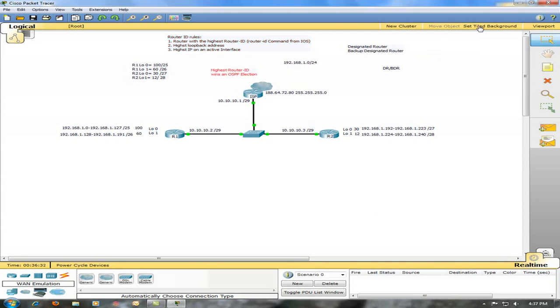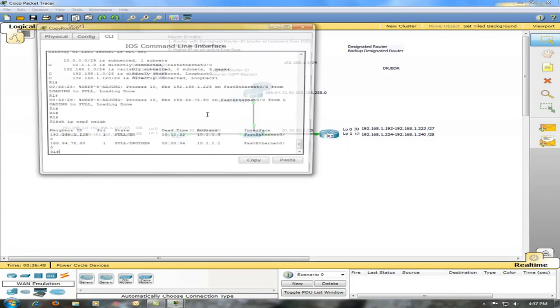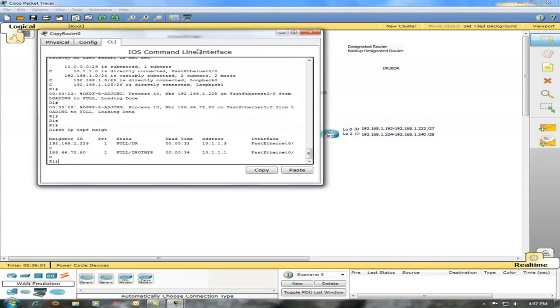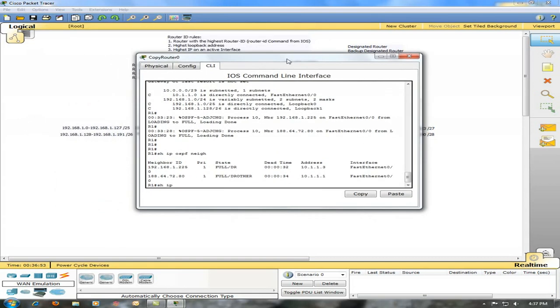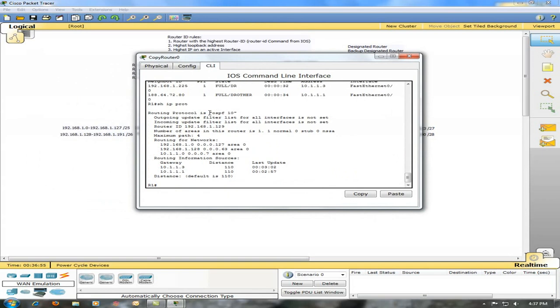So in this scenario, who had the highest router ID? It would have been router 2. It had the highest router ID. It should have been 192.168.1.225. The second highest router ID would have been 192.168.1.129. Let's verify that with show IP protocols. OSPF 10, router ID 192.168.1.129.